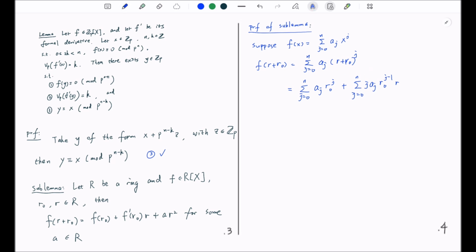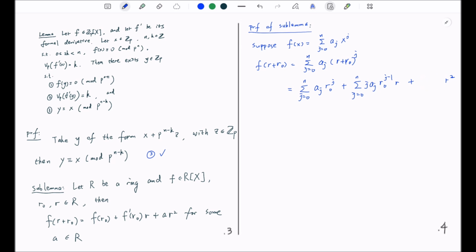And for the rest, by the binomial theorem, they must be something times r squared, because we have already pulled out all the terms with r to the 0th power and r to the 1st power.